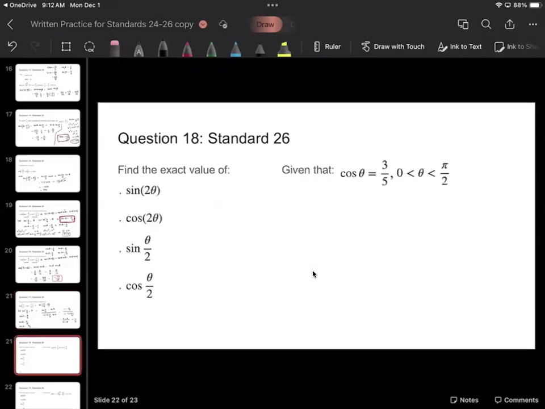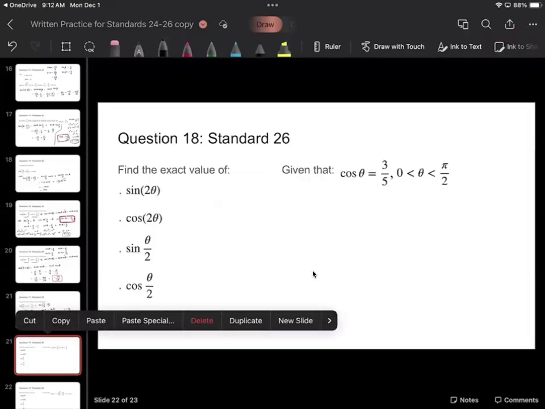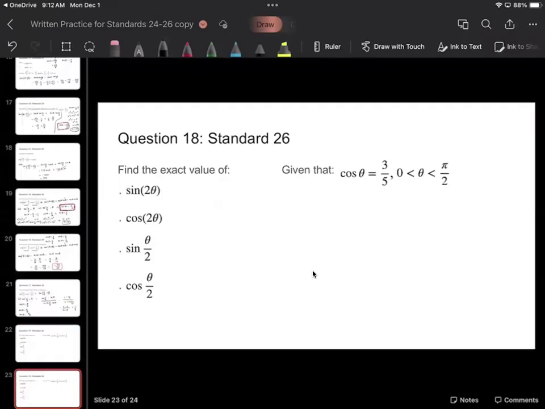Okay, so the next one: find the exact value of all of these given these. Right now I'm just going to duplicate this slide because we know that we need more. So let's do the sine double angle. Sine double angle is nothing but 2 sine theta cosine theta. Cosine theta is given to you. What is sine theta?